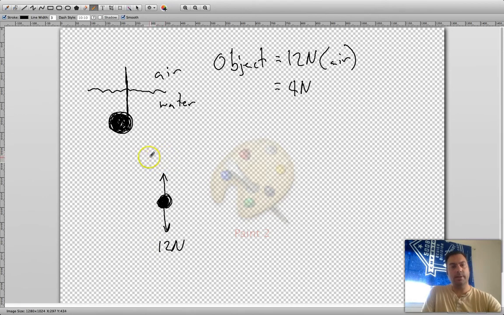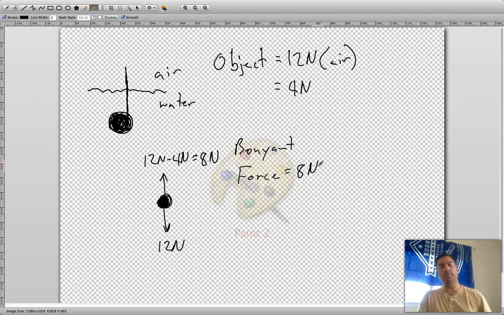So it turns out that it's simply 12 newtons minus 4 newtons, 8 newtons. So the buoyant force is equal to 8 newtons. You should have been able to see that in your head, right? It had to be the difference between those two. Okay. What's the second part of this question?